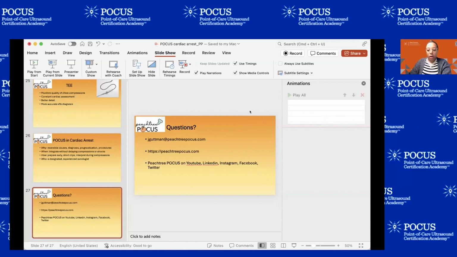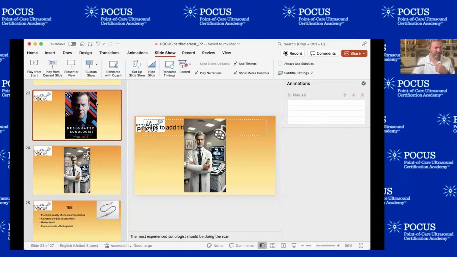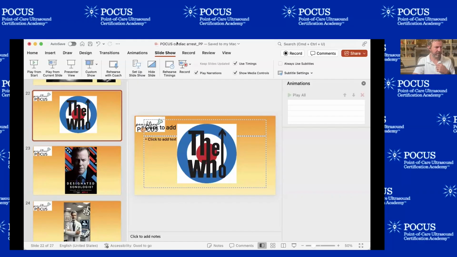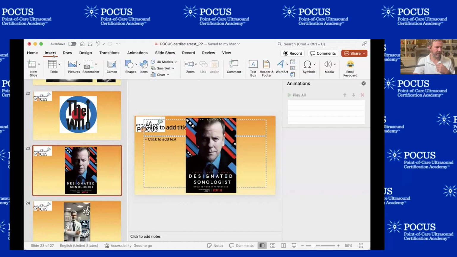Our last question is, can we use ultrasound to guide intubation? Great question. I addressed that a little bit earlier. Ultrasound guided intubation can be done in three ways. The one I didn't talk about is when I showed this picture, and I'll bring it up here.